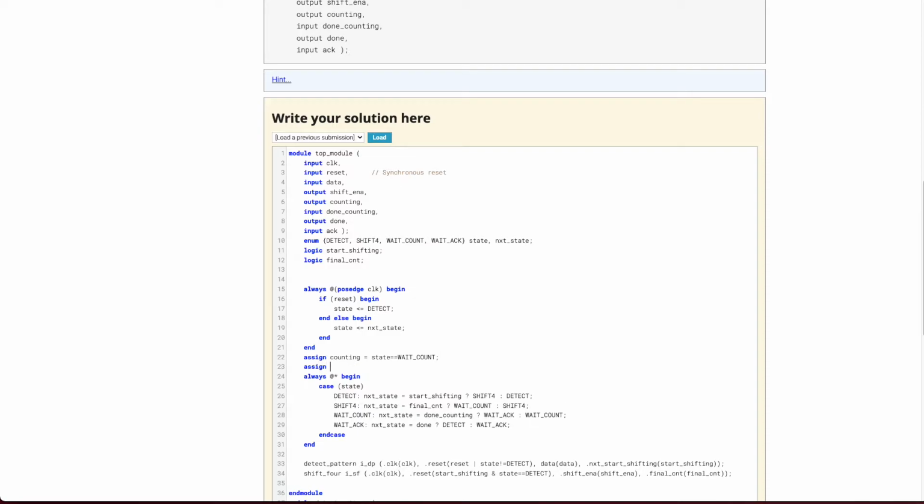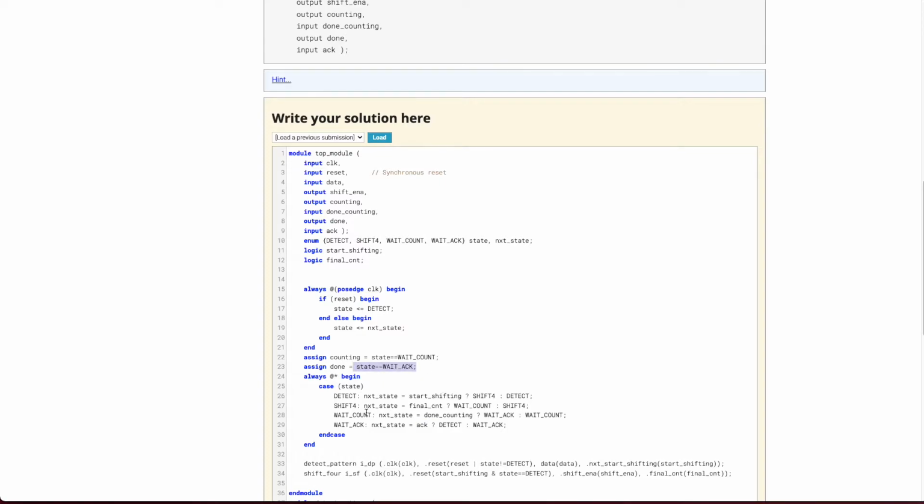And very similar here, this is wait for done counting input. And this will be asserted for the duration of this state until we get this ACK handshake.